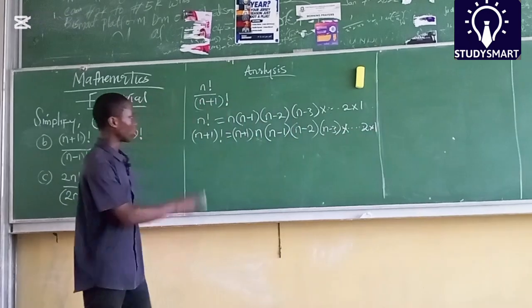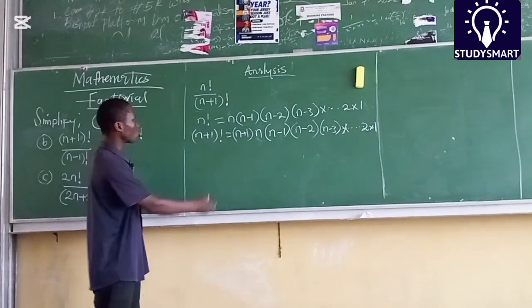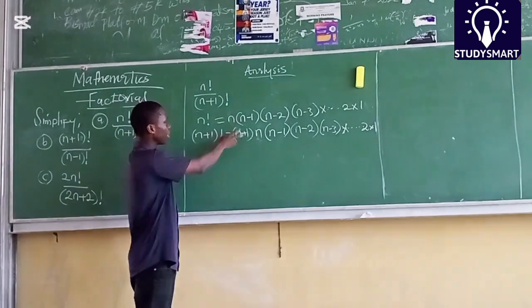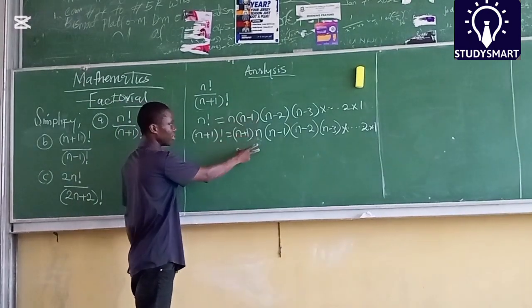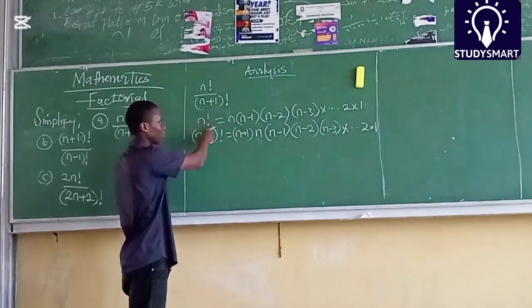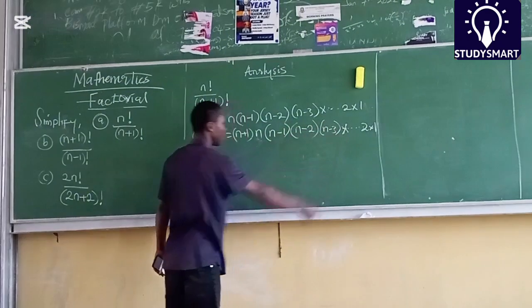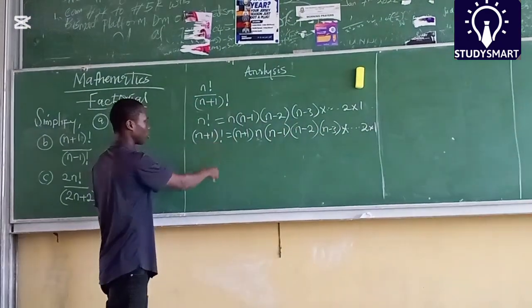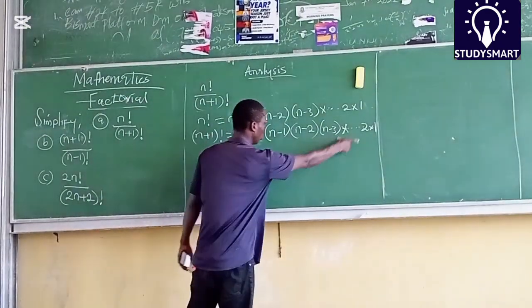So I'm going to be combining the numerator and the denominator, which means that anywhere I see n factorial, I will represent it with the whole of this, and anywhere I see n plus 1 factorial, I will represent it with the whole of this.